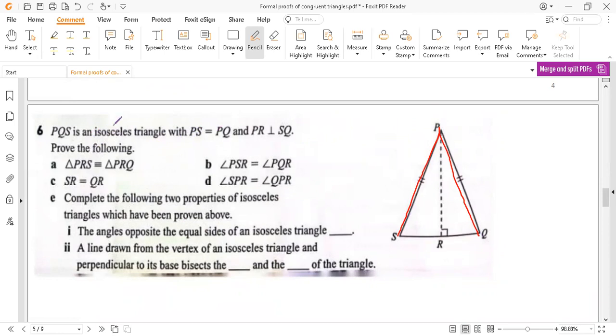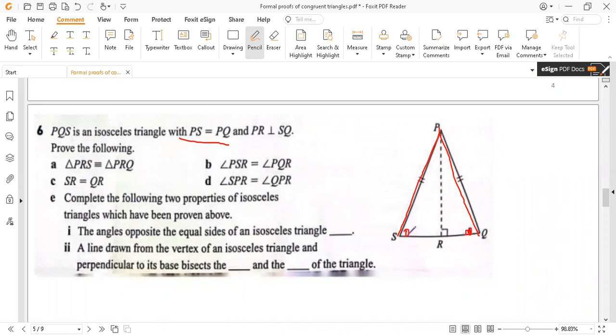Here they use two equal sides, PS equal to PQ, so it is an isosceles triangle. When we have an isosceles triangle, we have another property as a result: the angles of the base are equal. So normally we have angle S equal to angle Q.